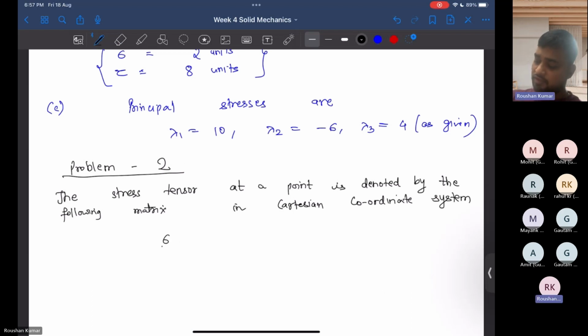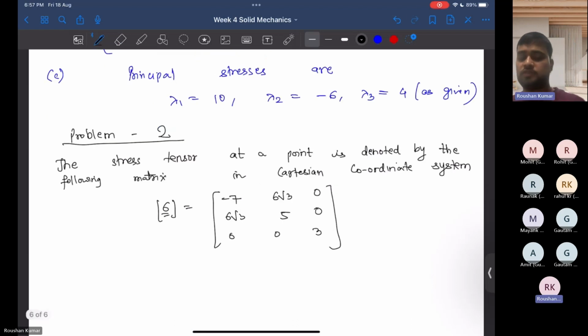The component of the stress tensor is given by -7, 6 root 3, 0, 6 root 3, 5, 0, 0, 0, 3. So this is the component of stress tensor sigma that is given here.